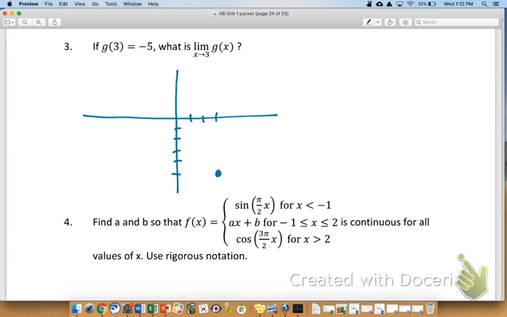So then, what does this mean when we're talking about a limit of g of x? X approaches a certain value, or the graph approaches a certain value of x. Are we looking for the actual value of y or something different? When we're talking about the limit, is the limit asking you, hey, what is the value of y when x is 3? What is it asking you for?